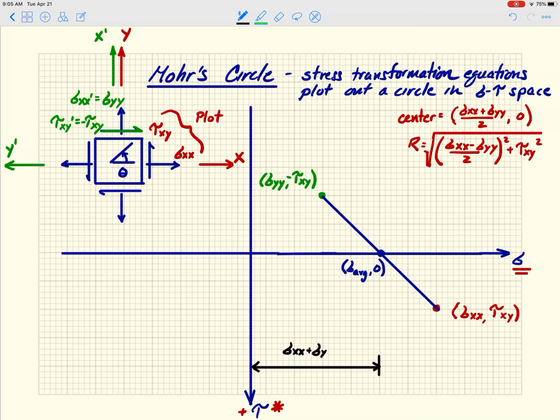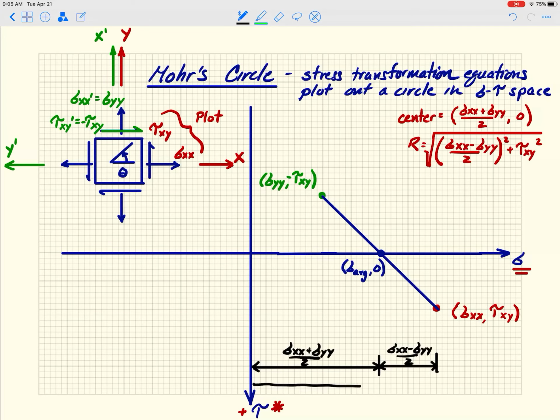So this is sigma xx plus sigma yy divided by 2, right? So that's that dimension. And then this guy here, if I'm going to keep going with this, is actually sigma xx minus sigma yy divided by 2.